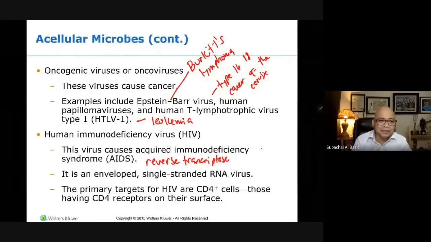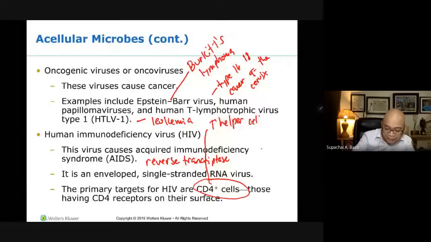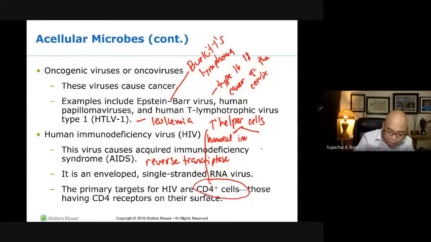Now, why do you think it causes acquired immunodeficiency syndrome? It's because it targets CD4 cells. CD4 are the T helper cells. And these T helper cells are important in humoral immunity and even in cell-mediated immunity.